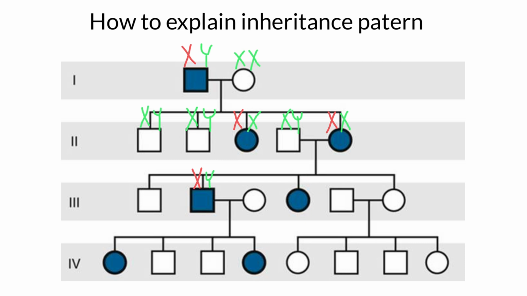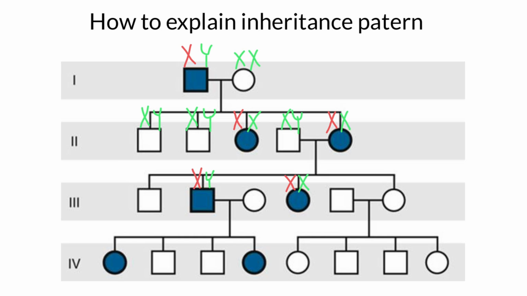What about this female? From the father's side, this female can only get a normal X chromosome, but from the mother's side, 50% chances that she is going to get the defective X chromosome or another 50% that she gets the normal X chromosome. And it turned out that she got the defective X chromosome, and because this is a dominant X-linked genetic disorder, this female is affected.